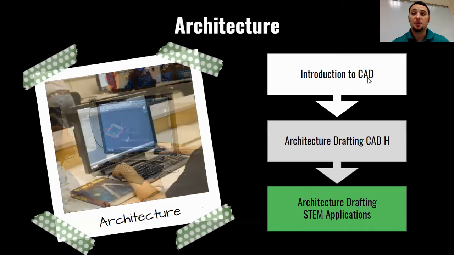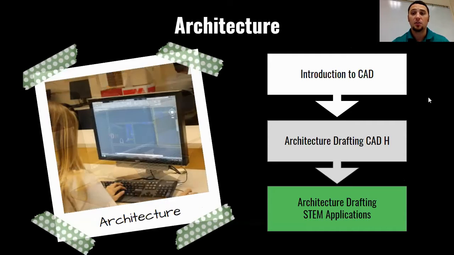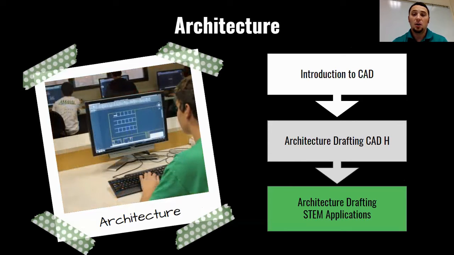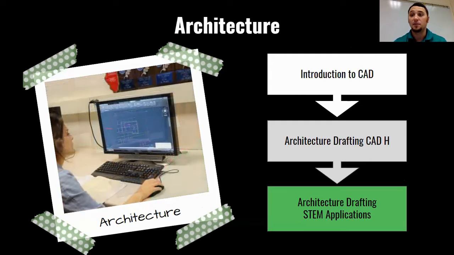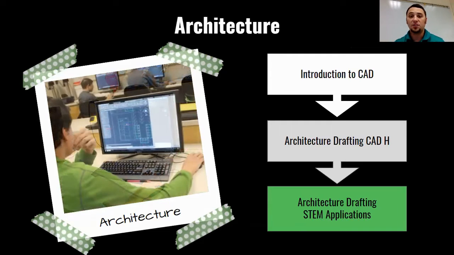In our architectural sequence, our intro to CAD class is again the intro level class to get into architecture. In architecture, we're going to be teaching you all kinds of stuff on how buildings are made. We're going to go through floor plans, landscape plans, section plans, and roof plans. We're going to show you how a house is put together, whether that's a residential or commercial building.